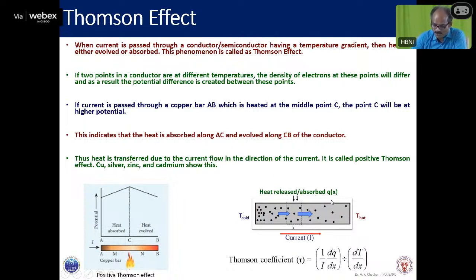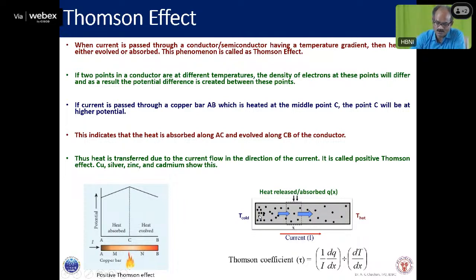Suppose you have a material in which a temperature gradient is established, and the material is the same. In the Peltier effect, there are two dissimilar materials. Now you have one material only, but it has a temperature gradient. The temperature gradient is established by heating one end and removing heat from the other end.